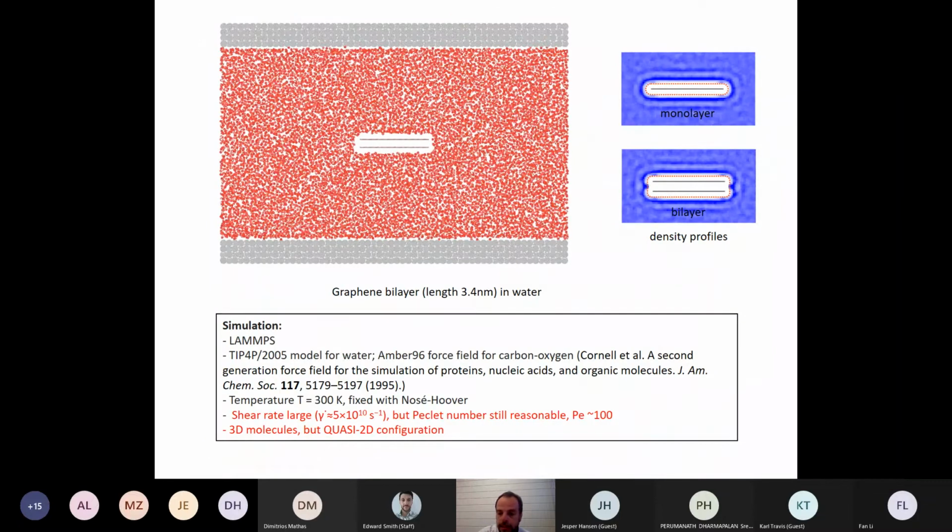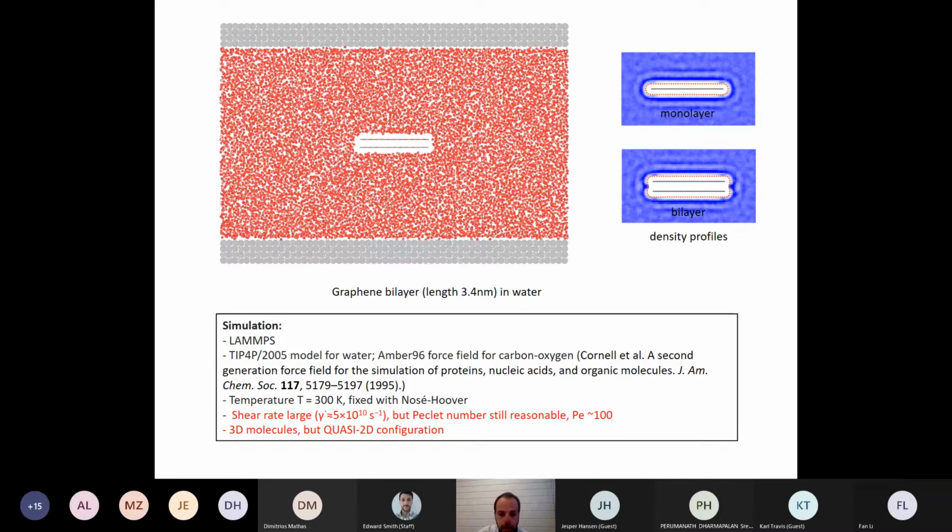So I wanted to test this prediction and whether it applies to graphene as a nanoparticle. And I asked my postdoc Simon to carry out the first MD simulations of a graphene particle that is suspended in a simple shear flow. The techniques are quite standard, so we apply a shear through moving walls.